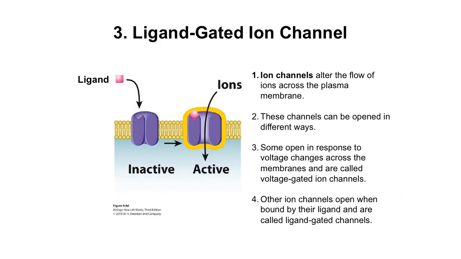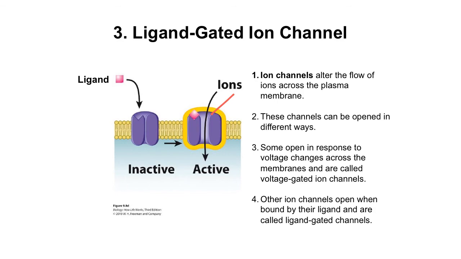The third and final form of signal receptors are called ligand-gated ion channels. Now, you may recall in Unit 2 that ion channels are proteins that allow the flow of ions across the plasma membrane. These channels can be opened, in fact, in different ways. So the flow of ions across them can be regulated using ligands.